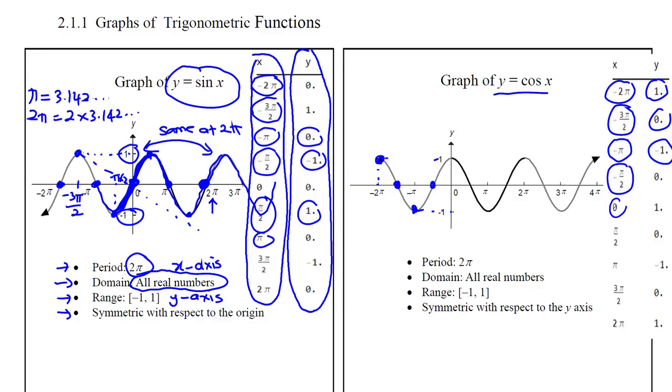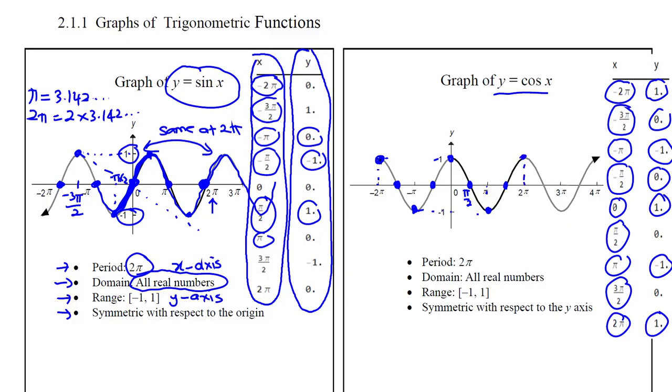When x is 0, y equals 1. Then pi over 2, you get 0, and pi, you get negative 1. Then 3 pi over 2 gets 0, and 2 pi gets 1.